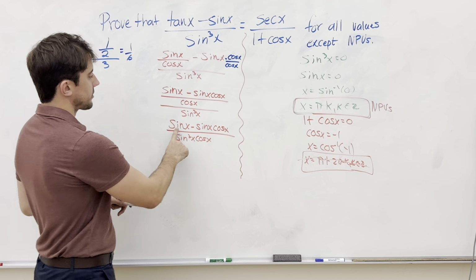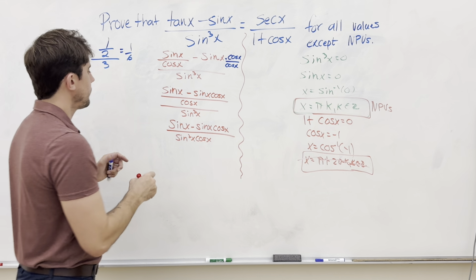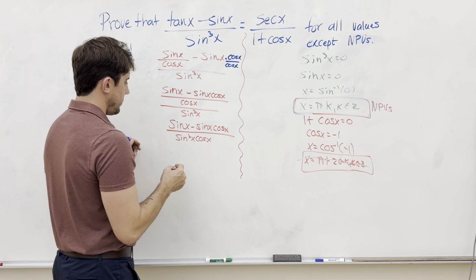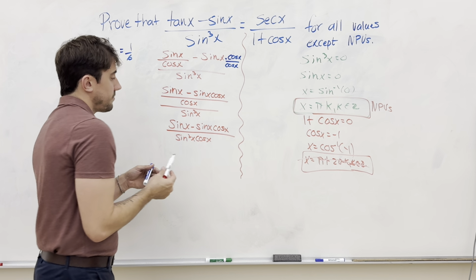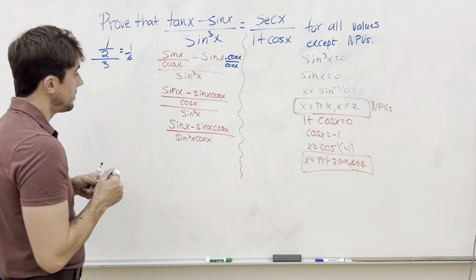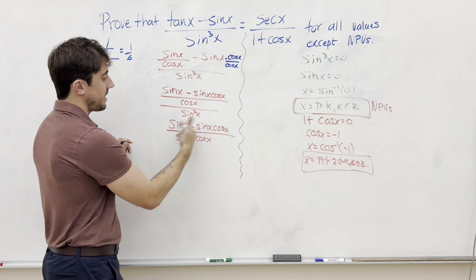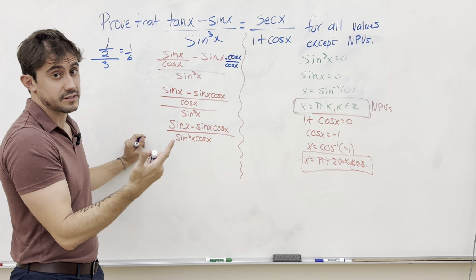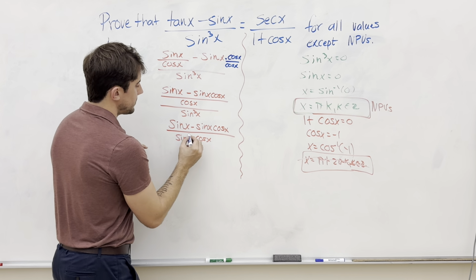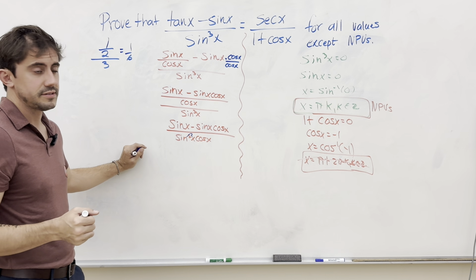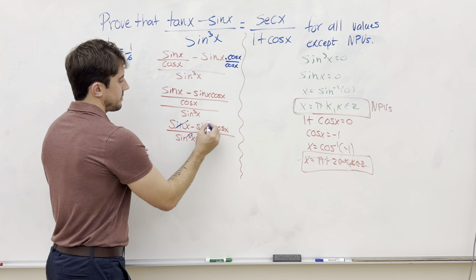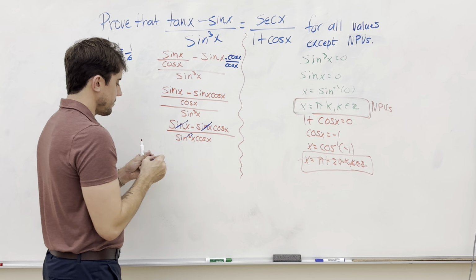Now, we can factor sine x out of both terms in the numerator. There's a sine x factor in every single term, and so we can cancel it out. So the cube is going to become a squared factor down in the bottom. This cancels out, and that cancels out.